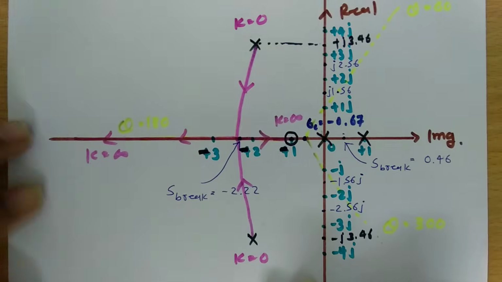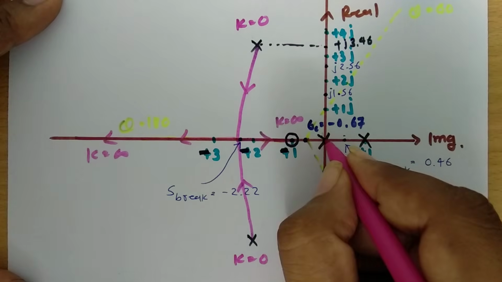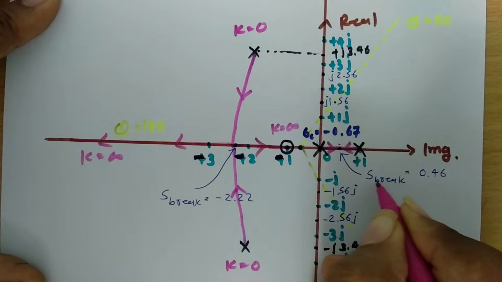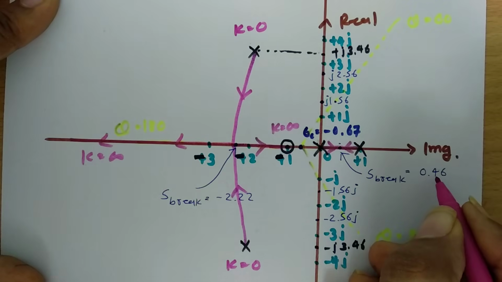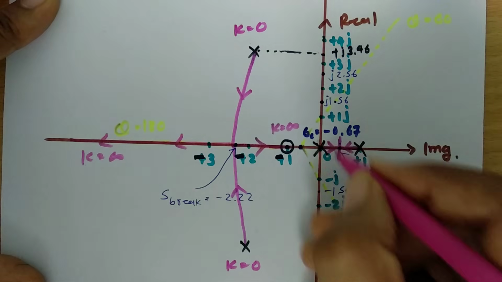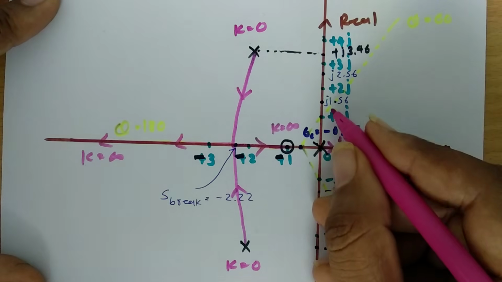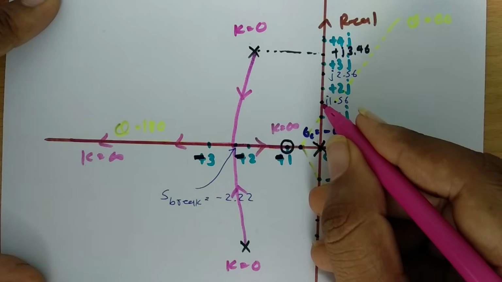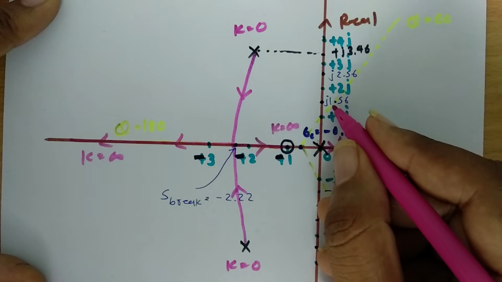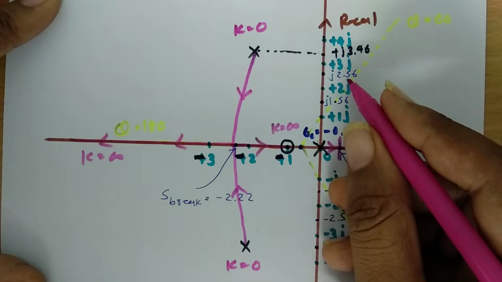Now from these two poles, a line will emerge and go to the breakaway, which is at 0.46, and after the breakaway this line moves and touches the intersections with the imaginary axis, at j 1.56 and j 2.56.